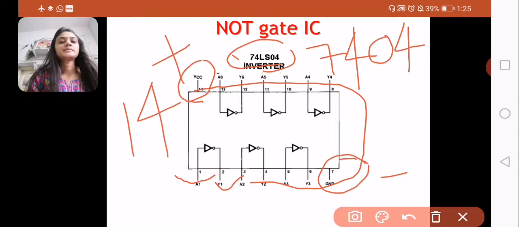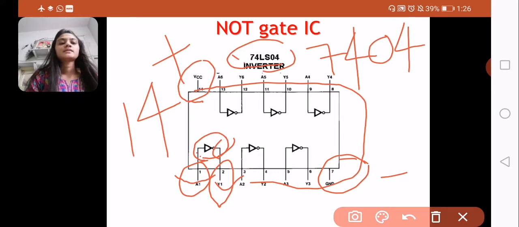Next, IC pin numbers: 1 number pin is connected at the input of the first gate, it is named as A1. Then 2 number pin is connected at the output of the first NOT gate, it is named as Y1.